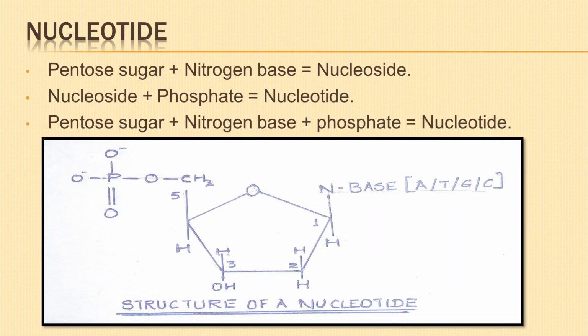In a nucleotide, nitrogen base is attached to first carbon of the sugar molecule by glycosidic bond. The phosphate group is joined with the fifth carbon of the sugar by sugar phosphate bond.